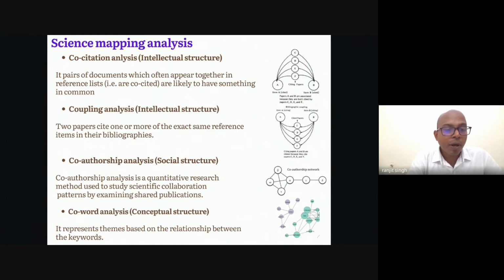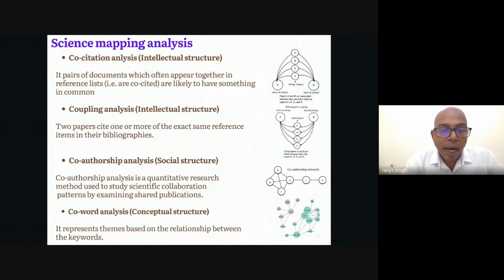Because there will be a development. For example, if you are conducting an authorship analysis of generative AI, you will get the USA as the foremost, because most of the authors focused on generative AI are from the USA. So this will be possible through the social structure analysis.